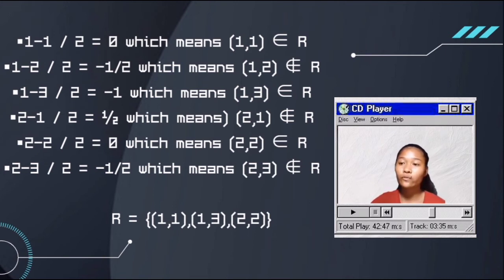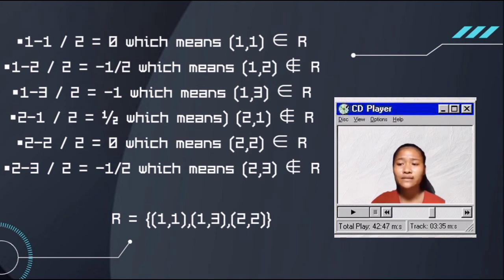So, to know if 1 and 1 is an element of relation R, we need to compute (1 minus 1) over 2, which is equal to 0, which means that it is an element of relation R because 0 is an integer.